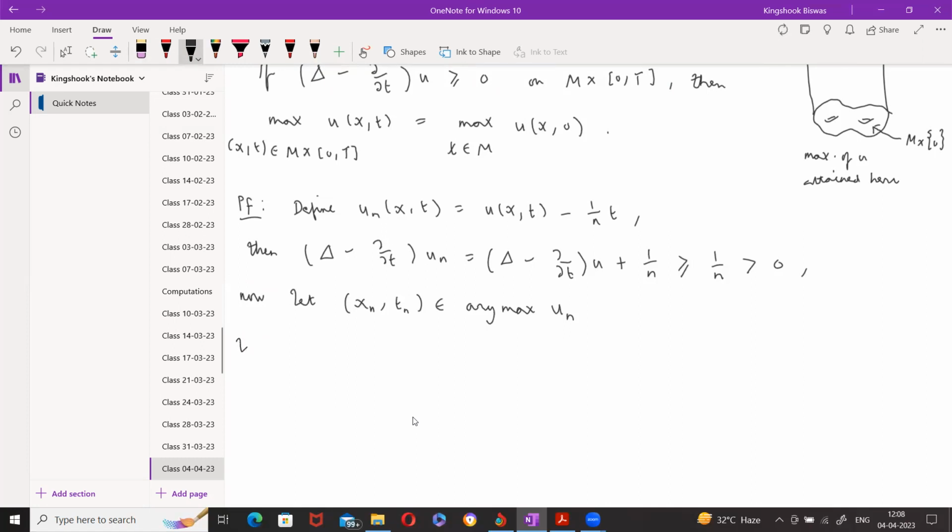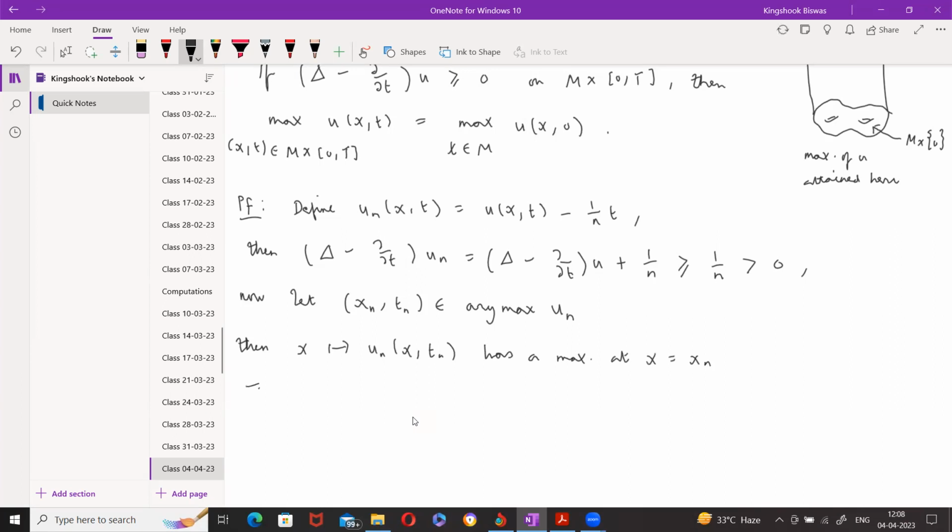Then, if I fix t, the map x goes to u_n of (x, t_n) has a maximum at x equal to x_n.